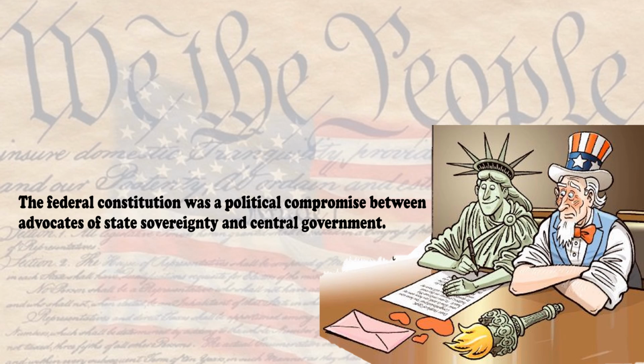Now, unfortunately, or maybe fortunately, this document didn't last long because there were some inherent flaws with the distribution of powers between federal and state governments. One of the things that the Articles of Confederation did was it made state governments very strong and the national government very weak. Weak to the point where it did not have the authority to negotiate treaties between the United States and foreign countries.